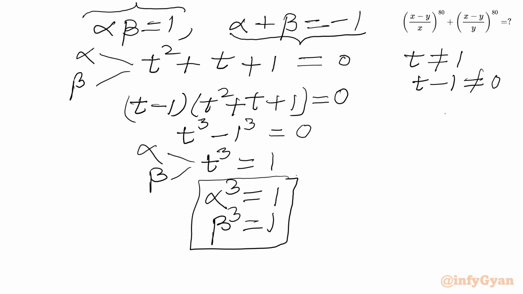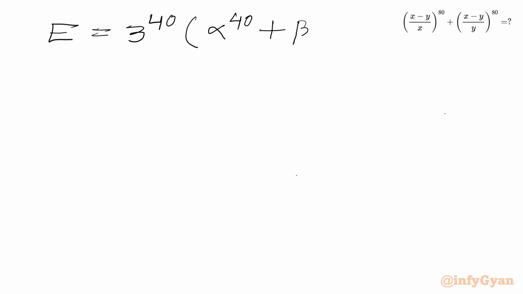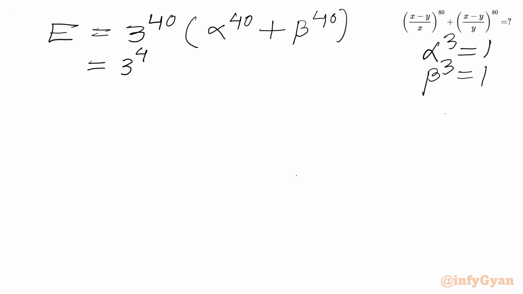Now our required expression is, I will write here, E equal to 3 power 40 times (alpha power 40 plus beta power 40). We have alpha cube 1 and we have beta cube 1. Now we will use laws of exponents.